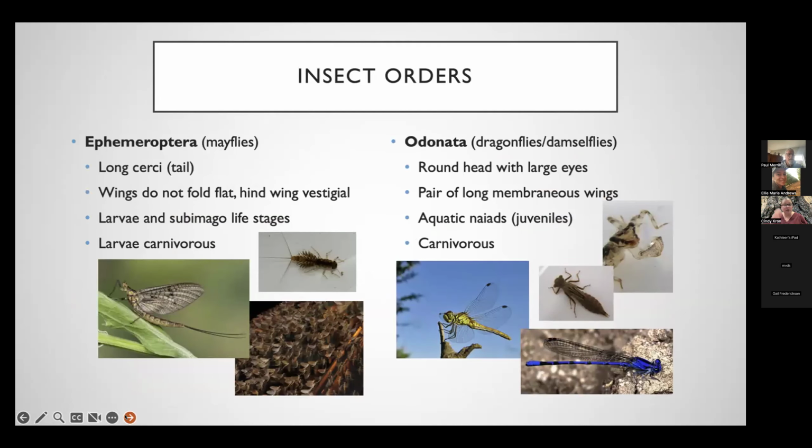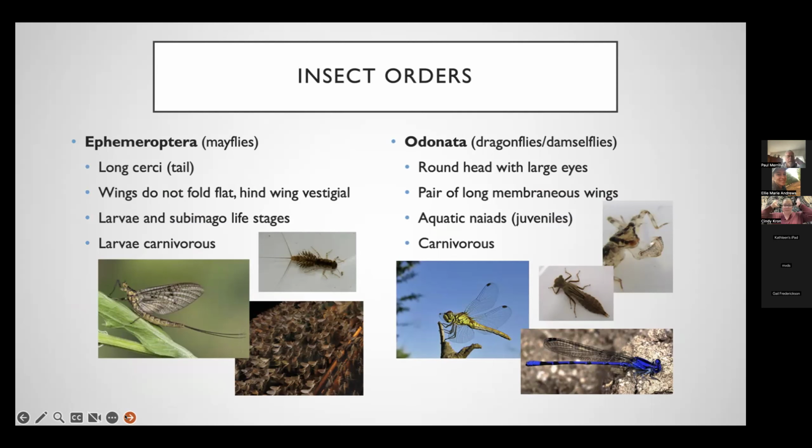Okay, moving on, Ephemeroptera, which are your mayflies, and you can see here, mayflies are associated with water. The immature stages live in water, usually streams and ponds. The wings are sort of funky. They don't fold flat across the body.